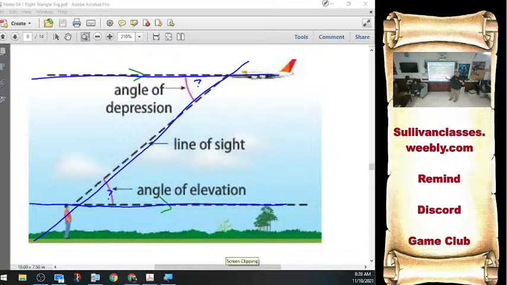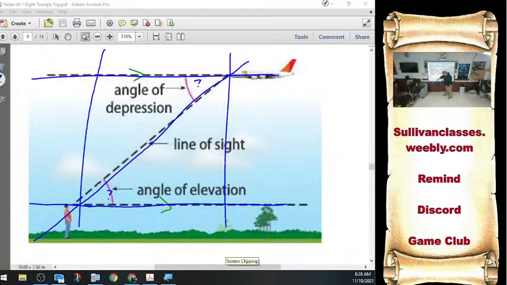So anyway, about math, you're going to get this assignment regardless of how far we get. Angle of elevation and angle of depression are very, very similar, and kids screw them up all the time. Kids will screw up angle of depression non-stop.